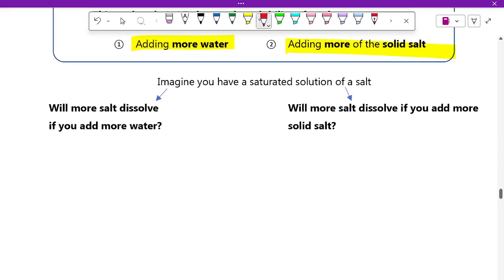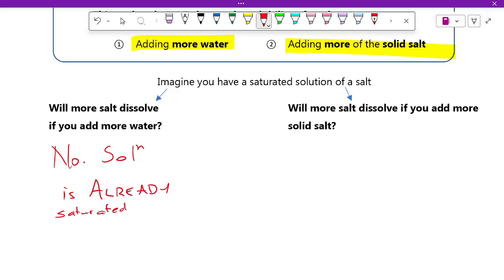Will more salt dissolve? No. The solution is already saturated. You just have a bigger pile of salt.